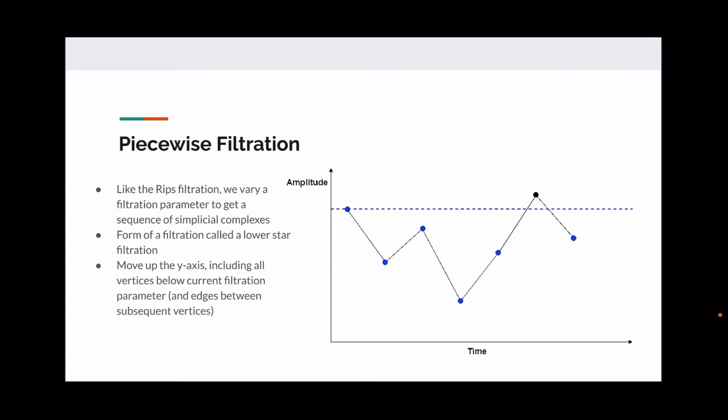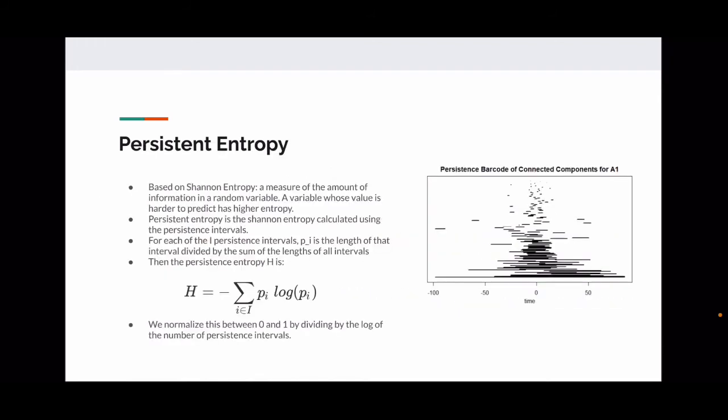Okay. So this brings us to the persistent entropy. Yep, and once you have the barcode, you can calculate the persistent entropy using that formula. Okay, so there's the barcode, and using that formula, we calculate persistent entropy, which is the same number that Piangerelli used in his study to determine whether it was seizure or normal EEG.